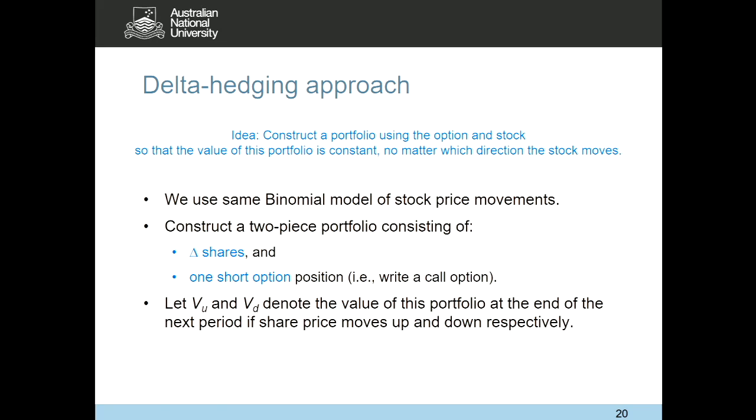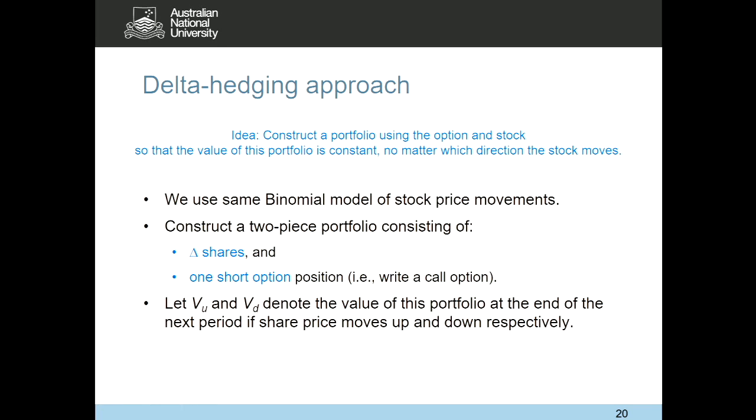Then you must ask yourself, how does the writer of the call option protect themselves? Have you ever thought about this question? If somebody shorts a call, how do they protect themselves? Now, the writer of the call option will use the strategy called the delta hedging approach. The way is very simple. After you short the call option, after you sold this call option to somebody else, you need to buy delta amount of shares to hedge the downside risk, right?